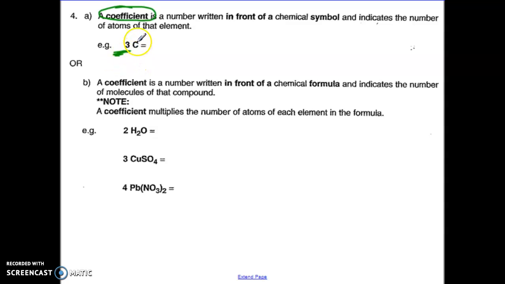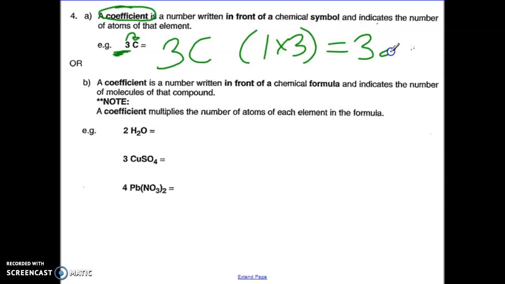So this works the same way in that it's being multiplied, but the value in front gets multiplied by everything that it is in front of. So in this case, carbon, right? So just carbon by itself means a 1. But with the 3, this is essentially 1 times 3, which is 3 atoms in total. Okay.